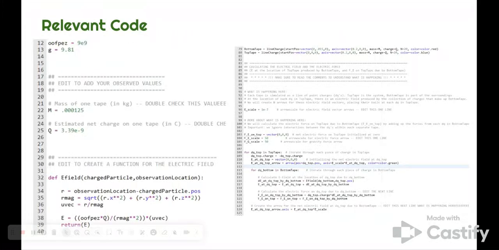So let's talk about some relevant code here. Basically, the way that this code works is we're finding out our E field first, taking those calculations and creating vectors with them. This Q that we have here, when I first ran through this code, was the Q that I had found in the first lab, which is a slightly smaller value, but still on the order of 10 to the negative 9, which we'll talk about later.